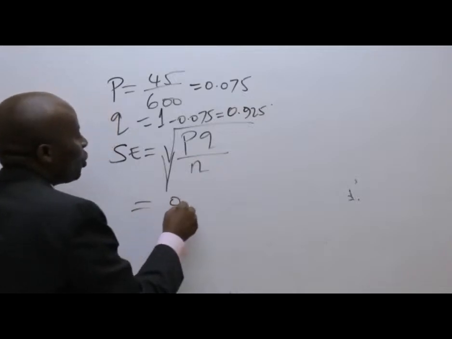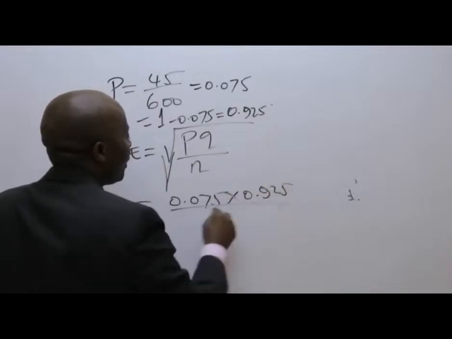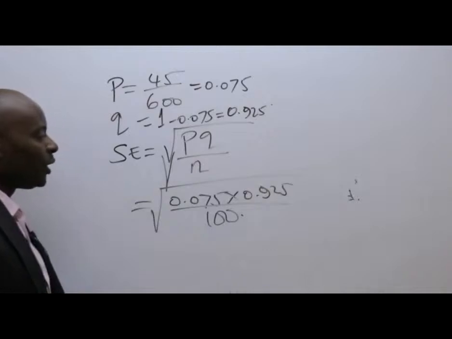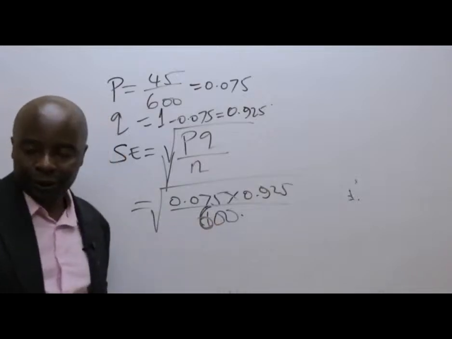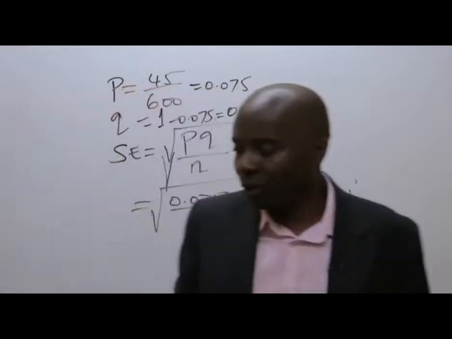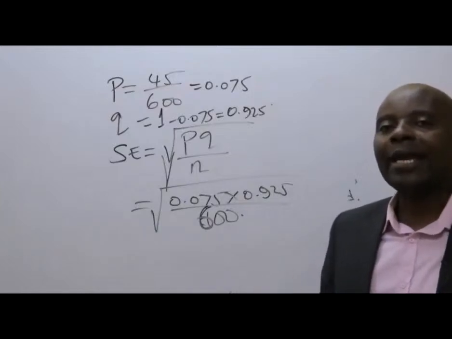So we'll take 0.075 times 0.925, and whatever we get, we divide by N, not 100. We sampled 600 accounts, so our N is 600.